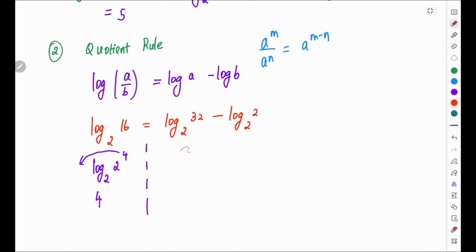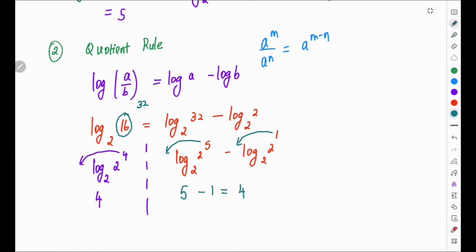For the right side, log 2 power 5 to the base 2 minus log 2 power 1 to the base 2. So this 1 will come here and this 5 will come here. Basically 5 minus 1, 4. So both LHS and RHS are the same. So how is this 16? See, I am trying to write 32 by 2. That's nothing but 16, right?